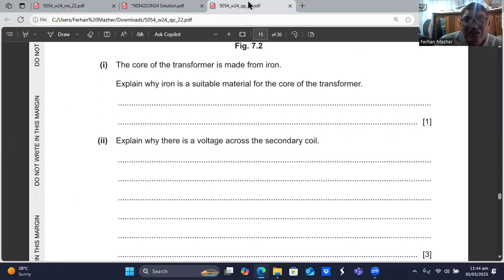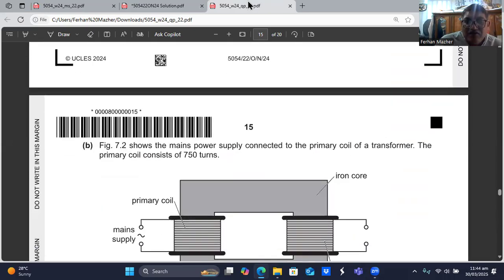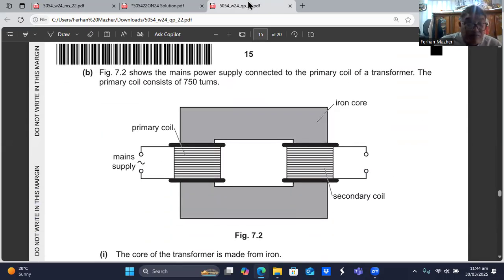explain why there is voltage across the secondary coil. You see, try to understand, this is a very important part. You see this primary coil, you are providing it with an alternating current. So on this primary coil, a magnetic field is created, an electromagnet is formed here.